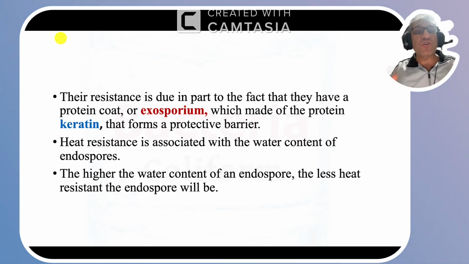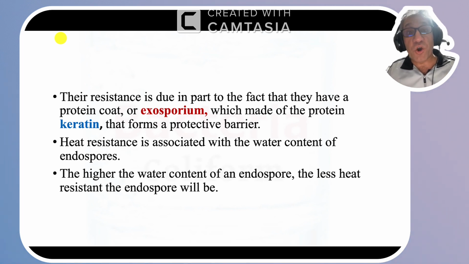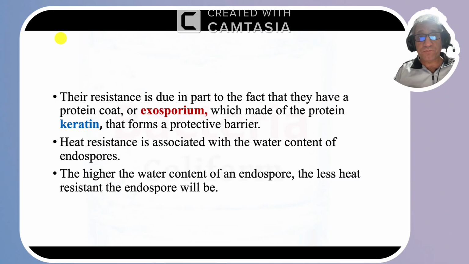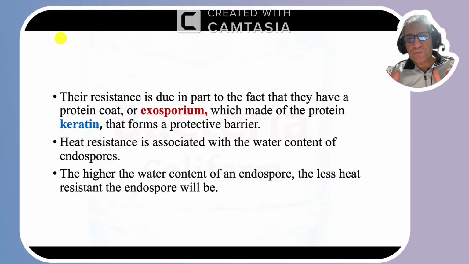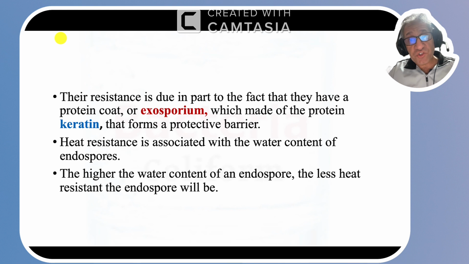They have a protein coat called the exosporium. The exosporium is made of the protein keratin and forms a protective barrier, and this protective barrier resists the heat and other conditions, of course.